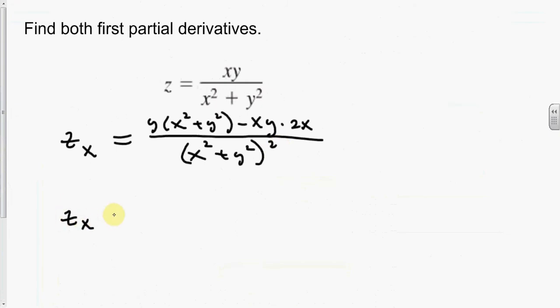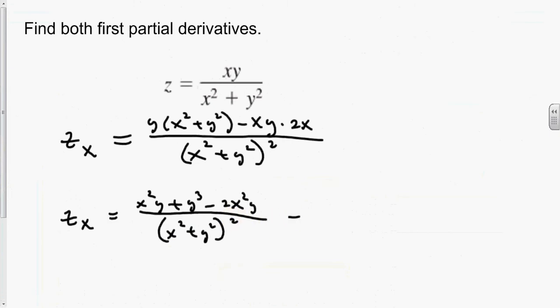We can clean that up. So this is x squared y plus y to the third minus 2x squared y all over x squared plus y squared to the second. And that just gives us y to the third minus x squared y over x squared plus y squared to the second power.